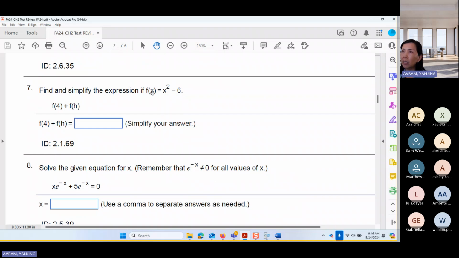Whatever you have an x in this equation, x is a variable. Variable means the x can be changed, right? So the first one, we replace the x by 4, and then calculate this whole thing. The second one, I will replace the x by h, and then this will be just h squared minus 6, and then simplify your answer.